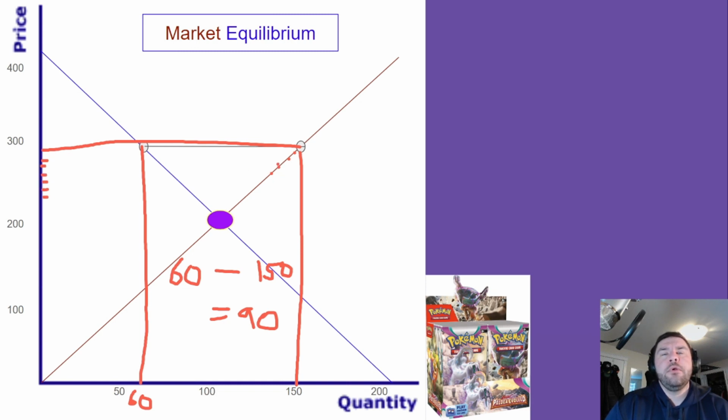The idea is that they would ratchet it down until whatever their point is, where product is flowing consistently and both parties are content. That makes some sense. So that is a surplus, more supply than there is demand. This area here is your surplus.